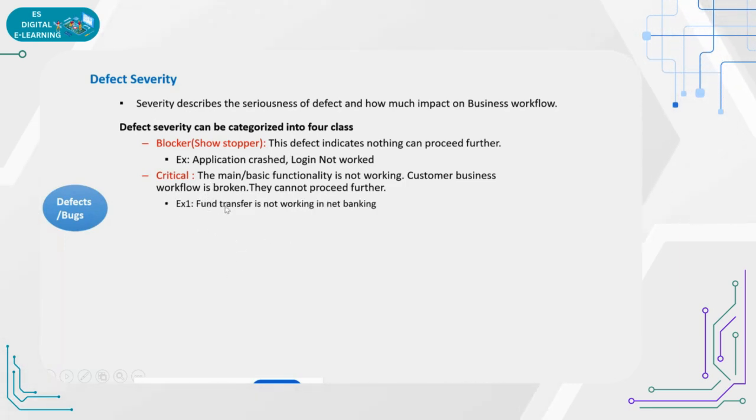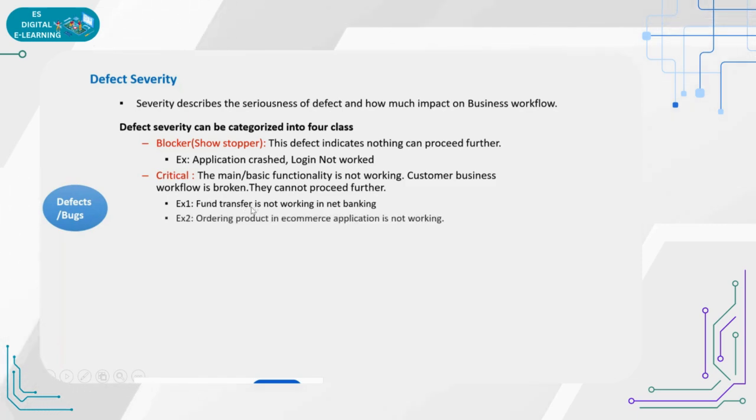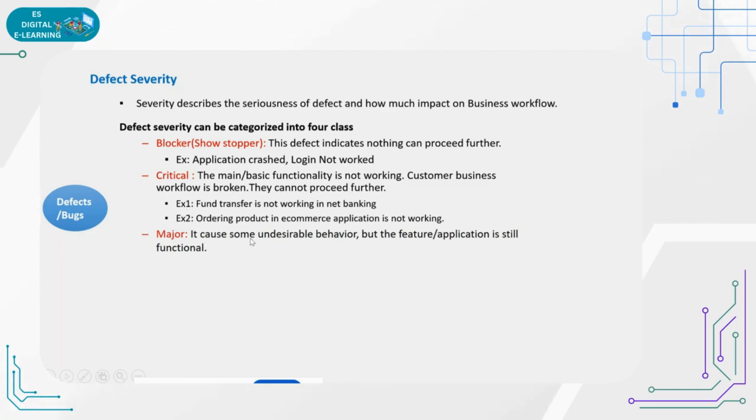Another example is you need to transfer money. Fund transfer is not working in net banking. This is one example. Whatever product you selected, the application is not working. That is a part of critical. Major is some undesirable behavior, but the application is still functioning. Major means after sending an email, there is no confirmation mail.